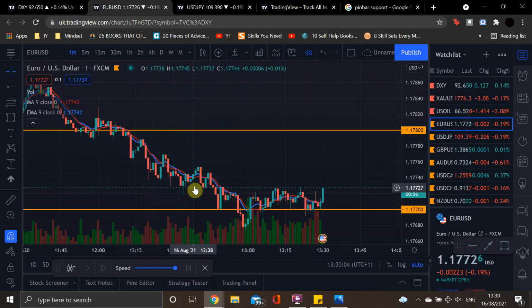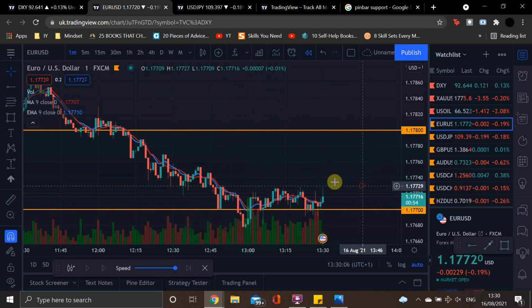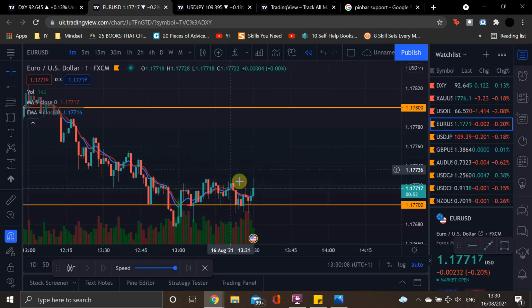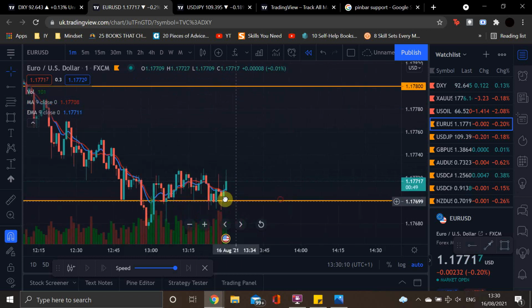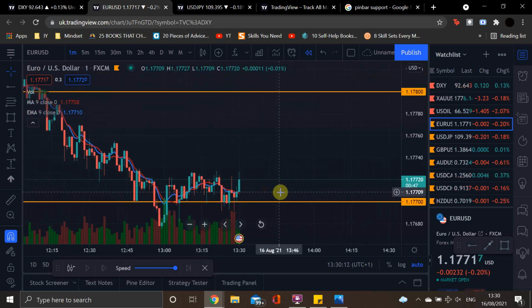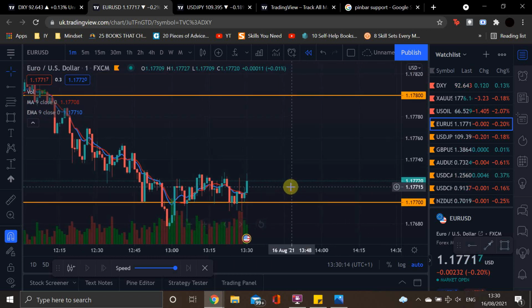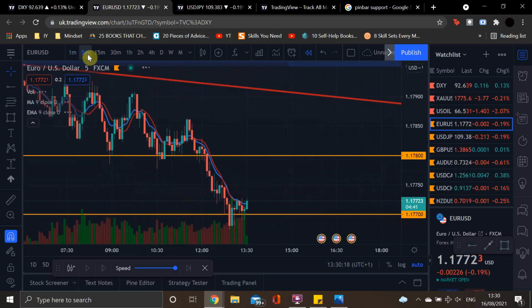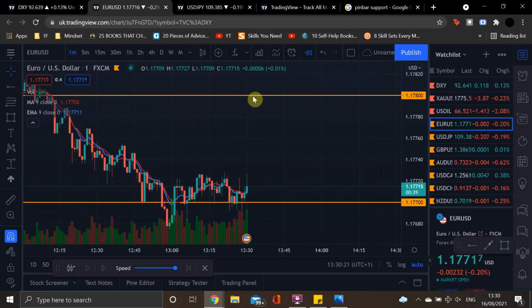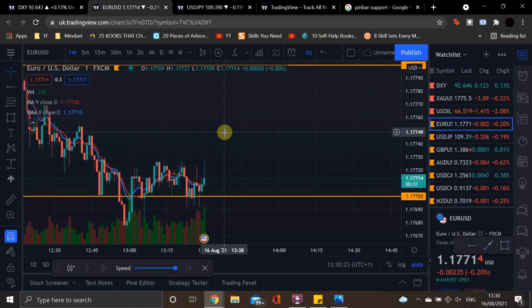So it looks like it's a downtrend, but then we got consolidation here. It's consolidation. Just watch the candles. I can't predict where I think it's going to go. I just have to watch the candles and take my analysis from there.